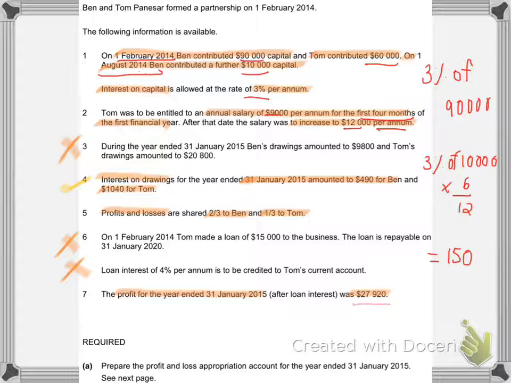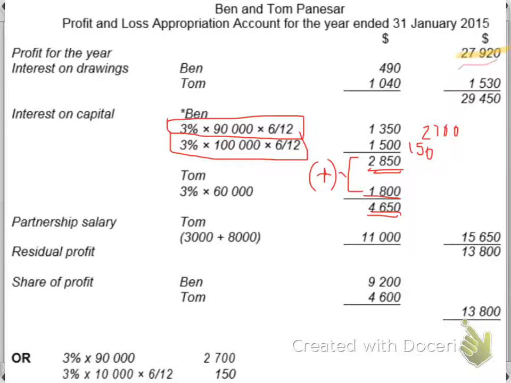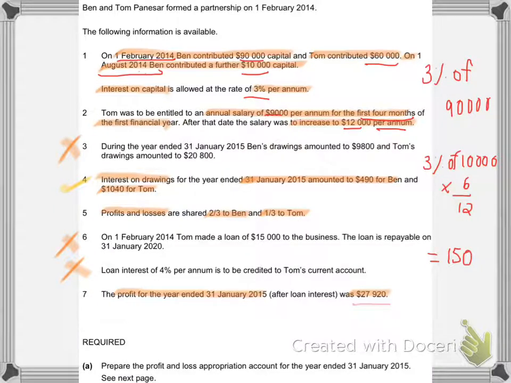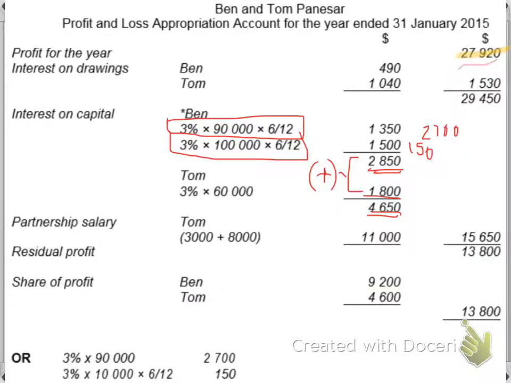So what we need to do is find 4 by 12. There are first 4 months, and in a year there are 12 months. So we do 4 by 12 of 9,000, and we'll get an amount of 3,000.